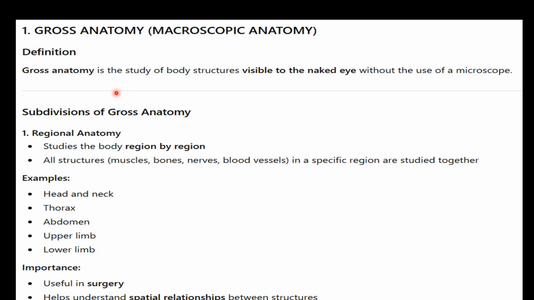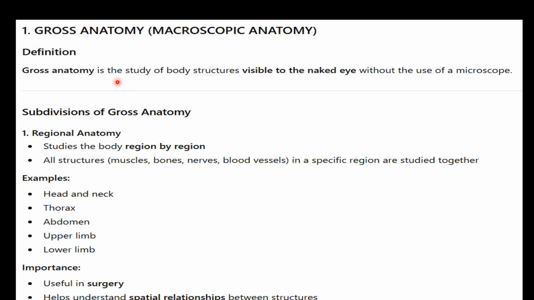So this is the simplest definition that you can refer to, or practice for your exams.